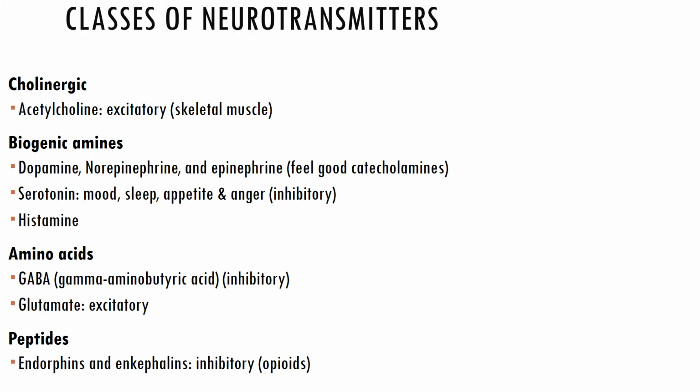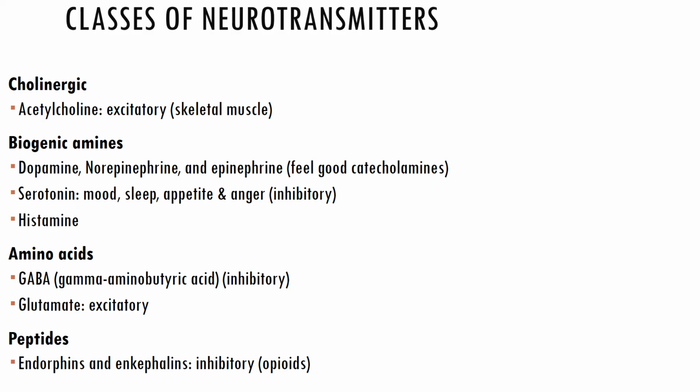And histamine. Two classes of amino acid neurotransmitters that you should be familiar with are GABA, gamma aminobutyric acid, which is inhibitory, and glutamate, which is excitatory.